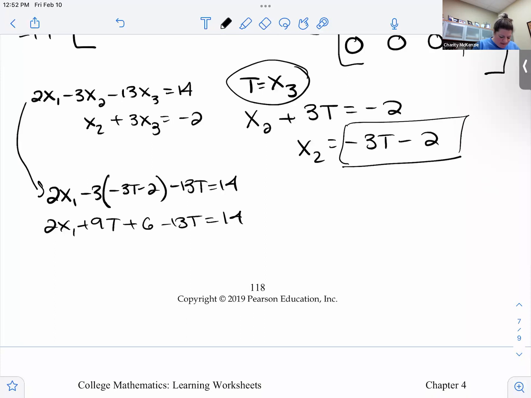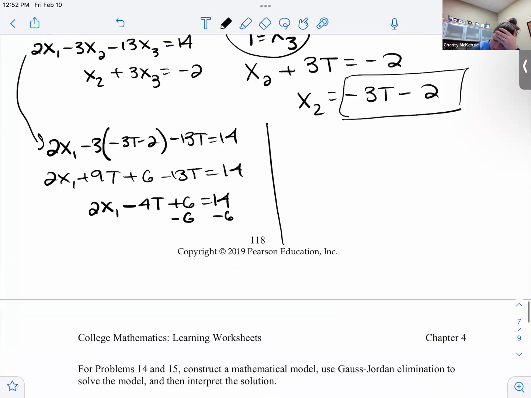I'm looking at this, I have negative 13 and I'd like to add 9, so I have negative 4. So I'm at 2x1 minus 4t plus 6 equals 14. And I want x1 equals. So I'm going to move everything over. I'll start with the 6 because it can be combined with the 14. And now I'll move over here.